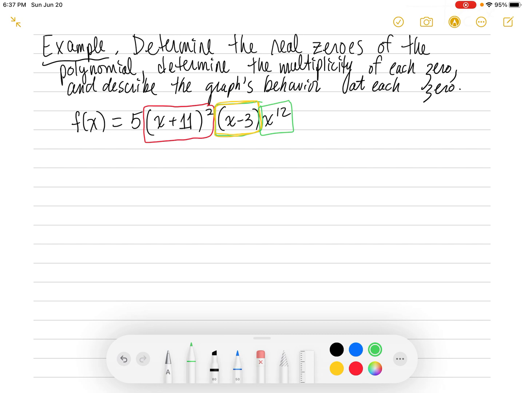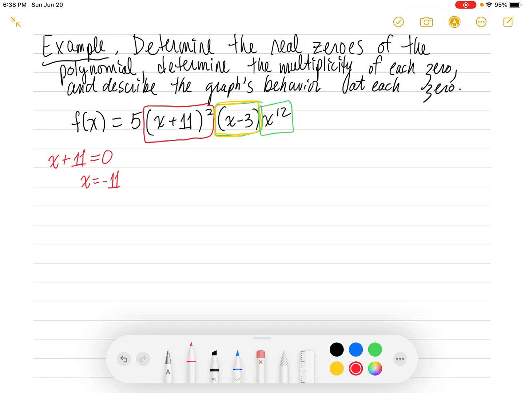I'm basically going to initially just look at the part without the exponent on it. So I'm going to start with x plus 11 and disregard the exponent for now. I'm going to set that equal to 0 and solve for x. If I subtract 11 from both sides, I get x equals minus 11.